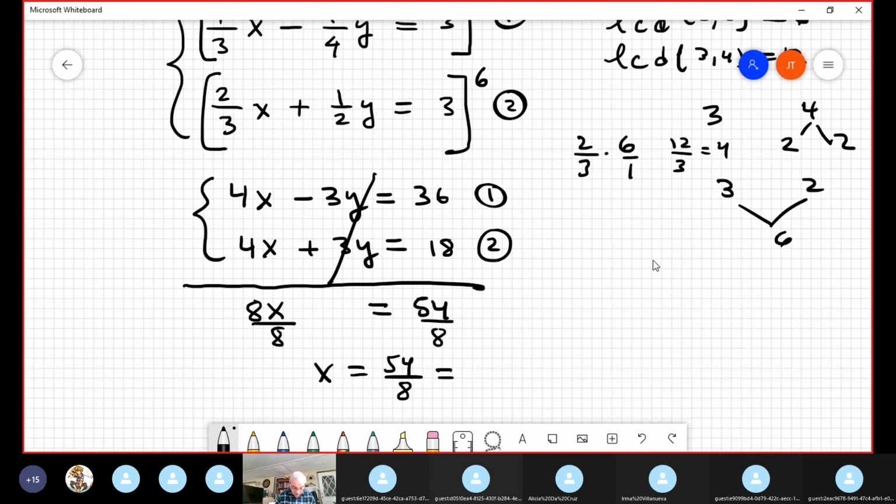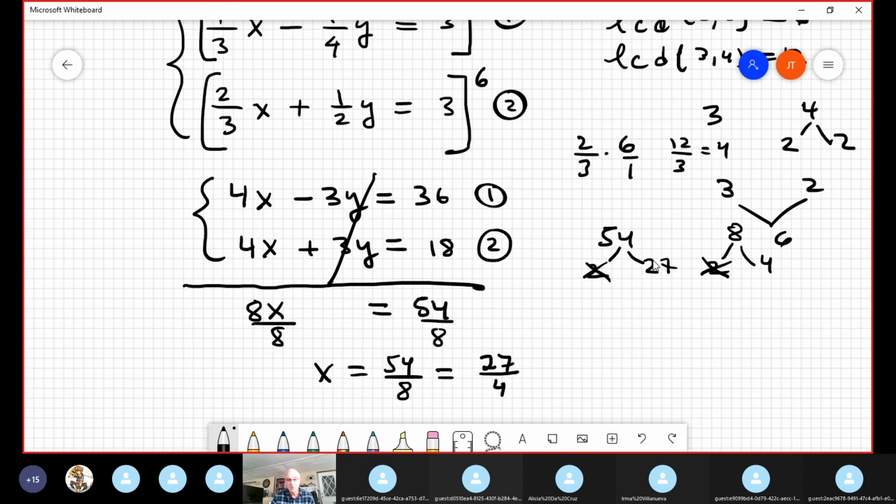So it is, let me see, 27 over 4, because the only thing I did was divide by 2. So 54 is 2 times 27, no? And 8 is 2 times 4. You eliminate these two, cancel out on the top and the bottom: 27 over 4.